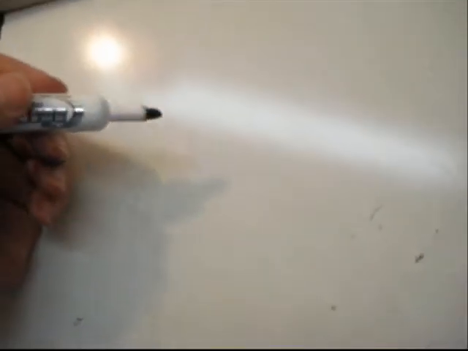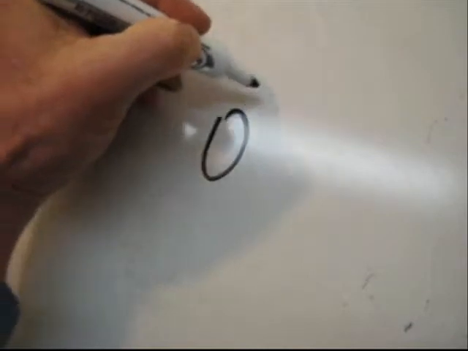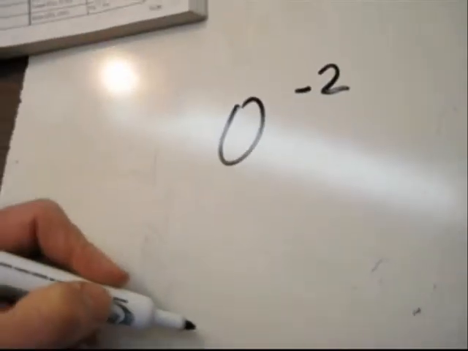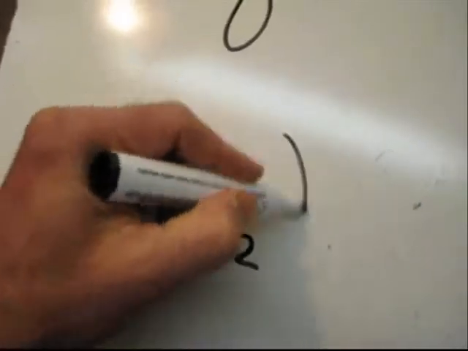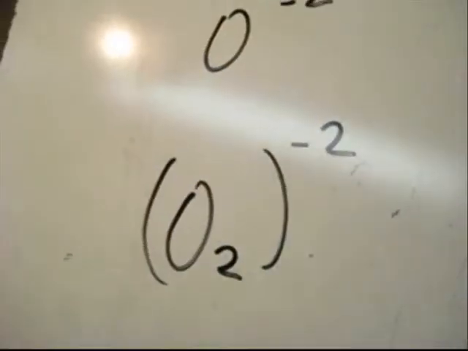Peroxide, again, per means excess, high. In this case, peroxide doesn't have 4 extra oxygens. It's only going to have 2. If we think about oxide, oxide is O minus 2. Peroxide is going to be O2 in parentheses, minus 2.